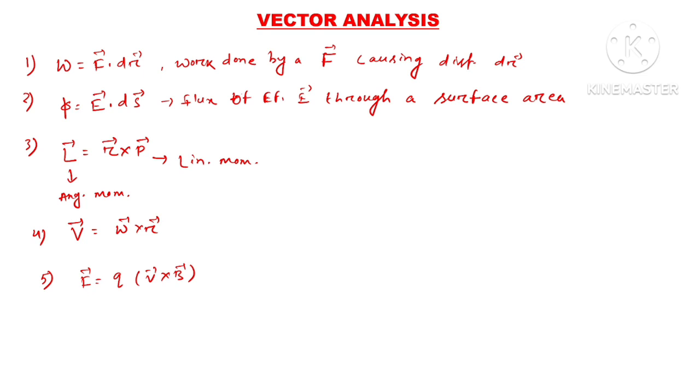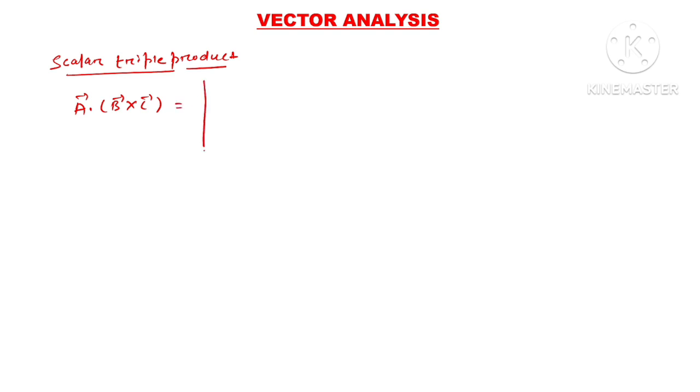Now another thing, we'll end this lecture with this. Another thing is scalar triple product. That is A dot B cross C. I have already explained this one while explaining coplanarity.